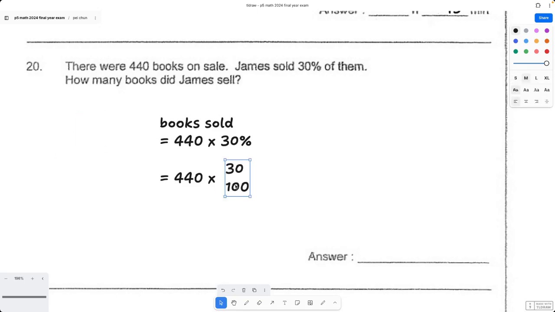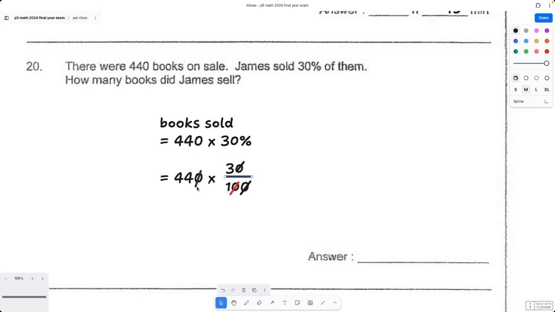What we can do is cancel out the 0s over here.